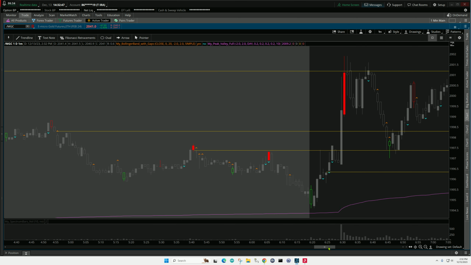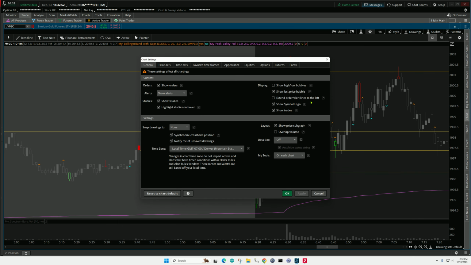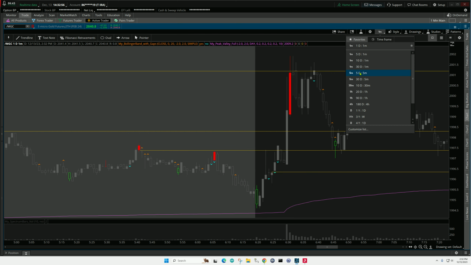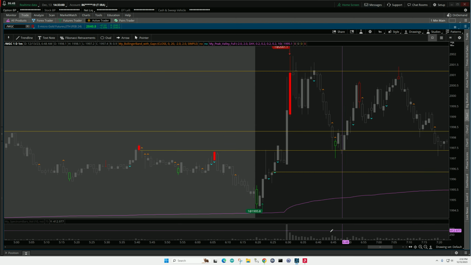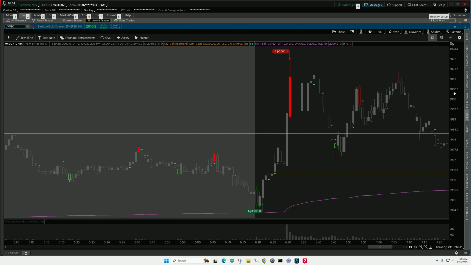I'll turn trades on and I'll show you my trade. Okay, we do have trades turned on. Let me just switch the chart to a different time frame. Okay, very good. Thinkorswim often has struggles to show the labels on a 1 minute chart, so you need to change the time frame and then revert it back once you get the labels displayed. So here you can see I got long at 1995.8. So it's one tick above this green candle.